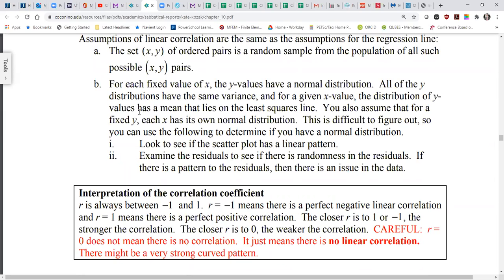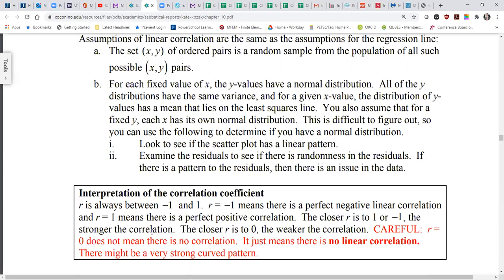So this is how to interpret the correlation coefficient. Okay. The R is always between -1 and 1. If R equals -1, there is a perfect negative linear correlation. And if R equals 1, there is a perfect positive correlation. The closer R is to 1 or -1, the stronger the correlation.